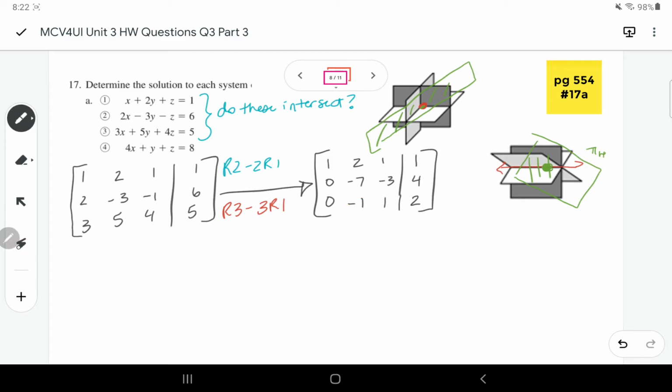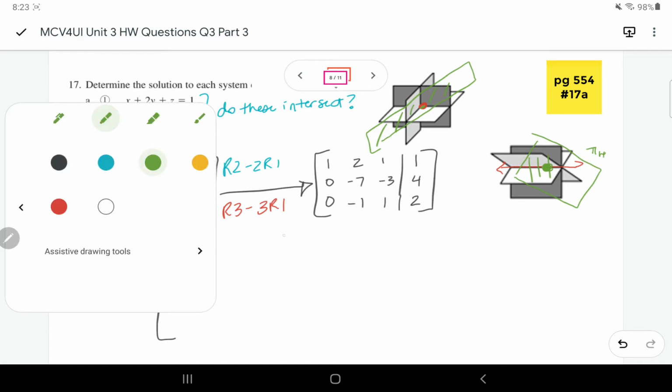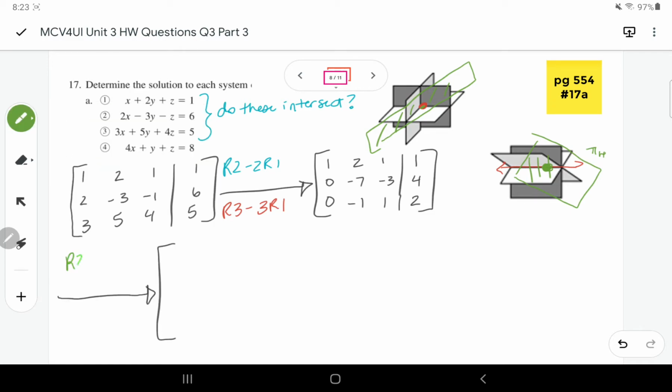So I'm going to do a little bit of a tricky thing here, because we can swap the order of the rows. So my row 2 is going to be -1 times row 3. I'm just switching that row 3 up to row 2 and multiplying through by a -1. So that was a much easier way to get a 1 in that position.